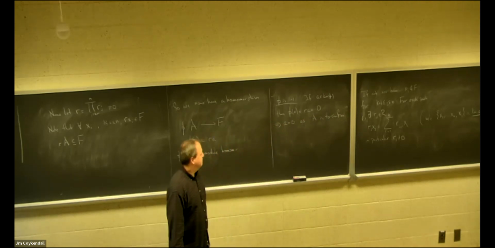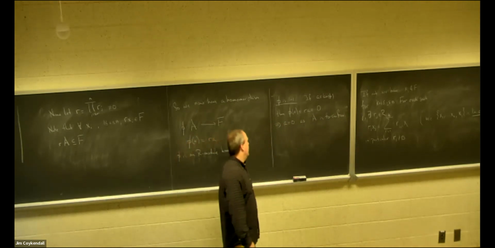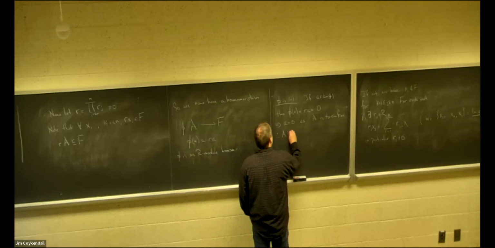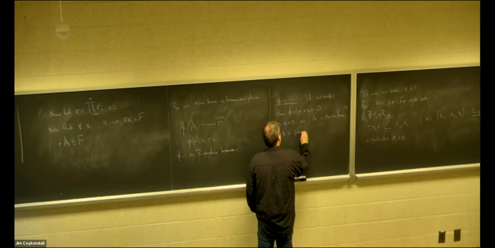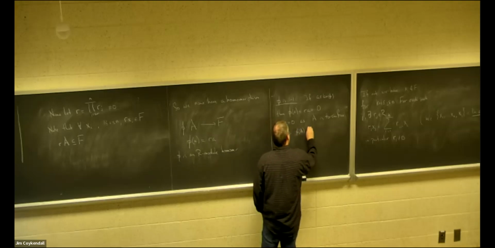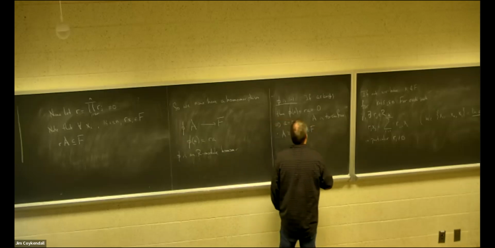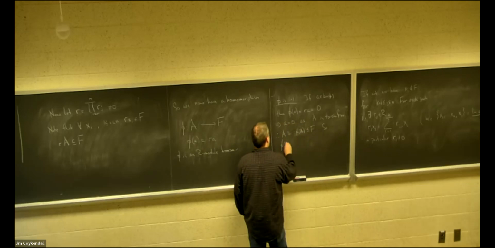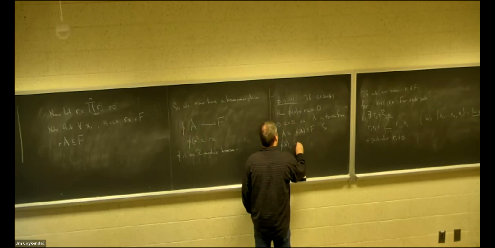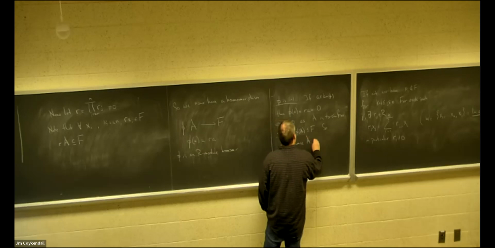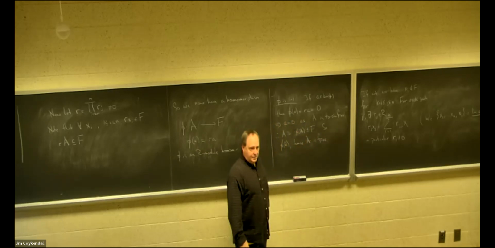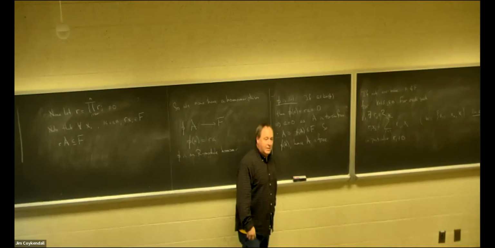Okay. Therefore, A is isomorphic to a submodule, well, isomorphic to phi of A, which is a submodule of F. So phi of A, hence A, is free. Right, okay.